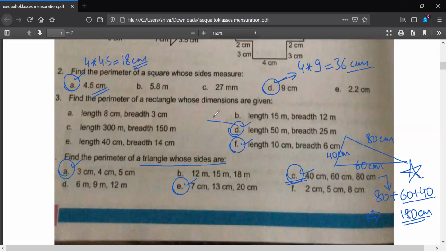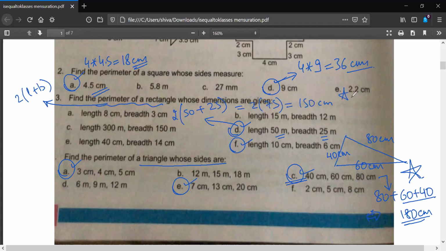What will be the answer for this? 150 meters. The formula that we need to use for the perimeter of a rectangle is twice of L plus B. In this case, 50 plus 25, which is twice of 75, and that is equal to 150 centimeter.